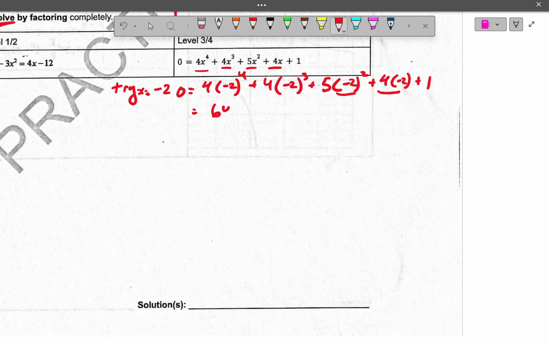Plus -8, which is -2 cubed, so -8 times 4 gives me -32. And then I have to add 5 times 2 squared, which is 4, so it's going to be 20, minus 8, plus 1. I don't think this is going to work either. Yeah, it's going to be too big.